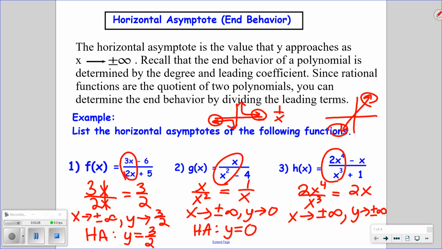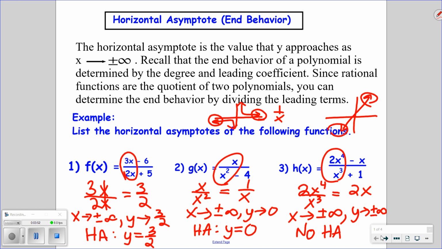So in this case, because y is approaching positive or negative infinity, there is no horizontal asymptote for the rational function. Because when there is a horizontal asymptote, y is going to approach a finite number like we saw in the first two examples.